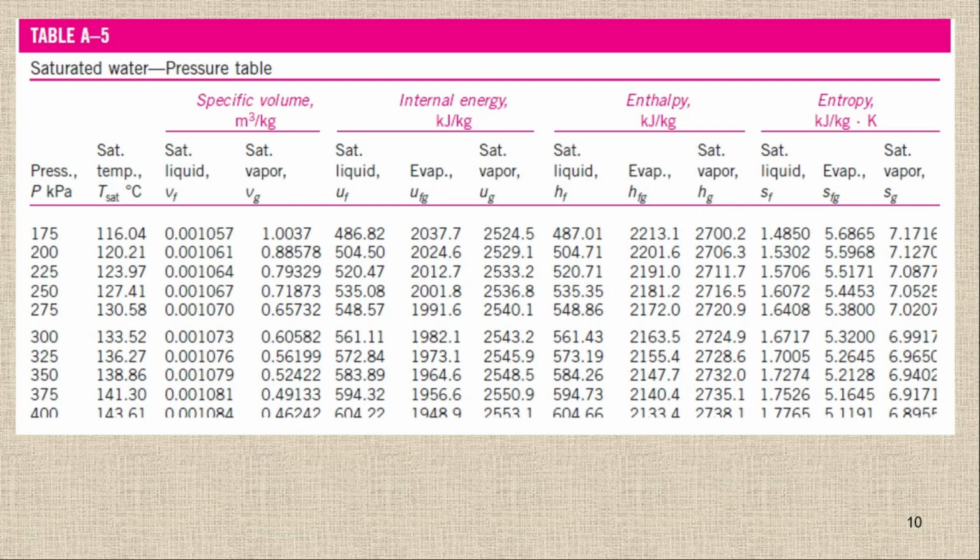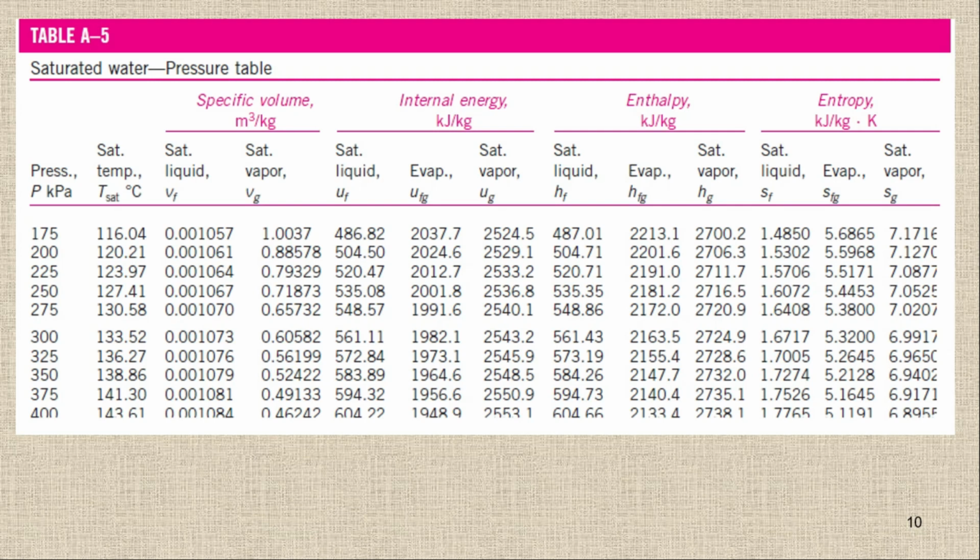A4 is basically the saturated table for water, based on the temperature value. A5 is the saturated water pressure table, and A6 is for the superheated region. So we have different tables, and you have to use them accordingly.